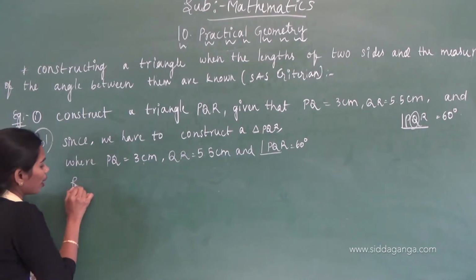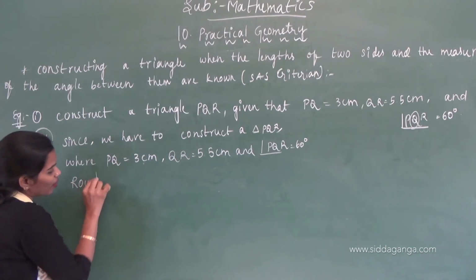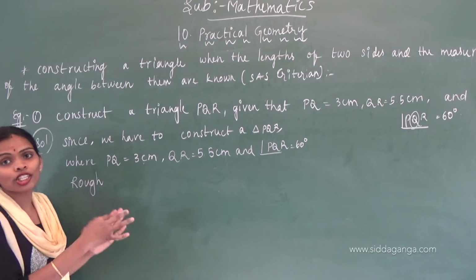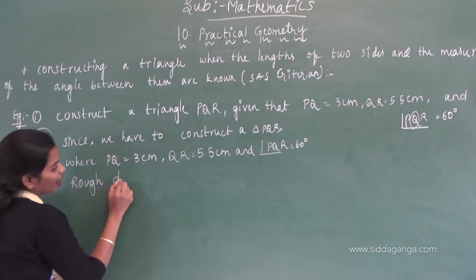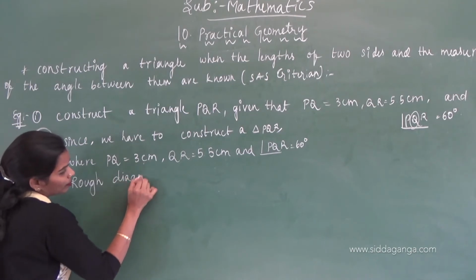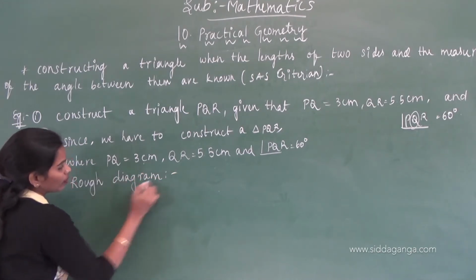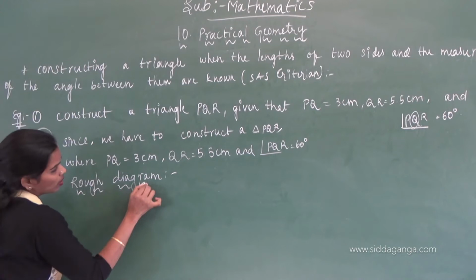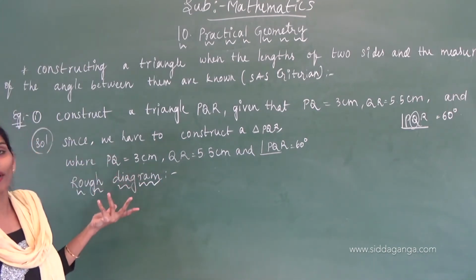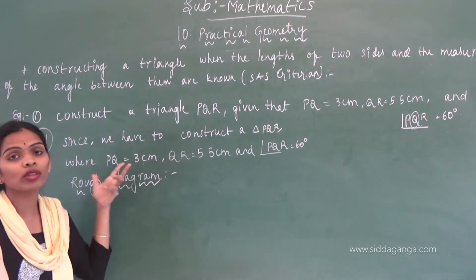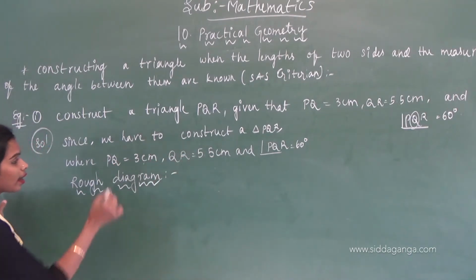First we have to draw a rough diagram. A rough diagram means whatever is in the question, you represent it symbolically. First, whichever base we want we can take, because Q is in both, correct?